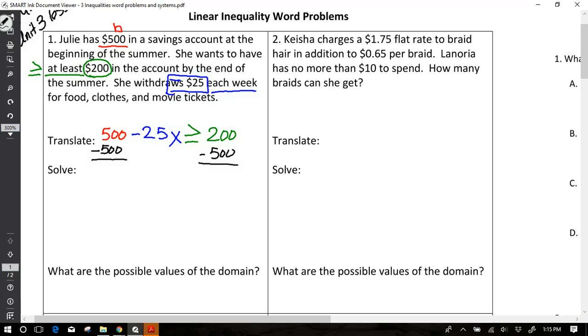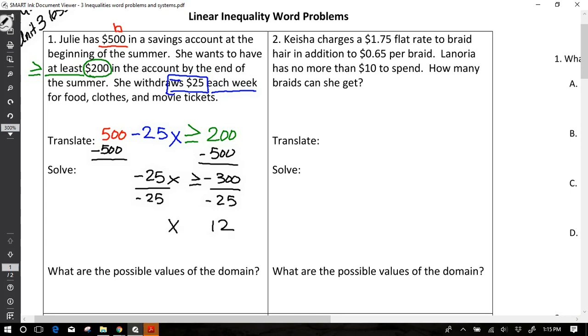And that's going to give me a negative 300 here and bring down the negative 25x. And now divide both sides by negative 25. 300 divided by 25 is 12, and bring down my x.